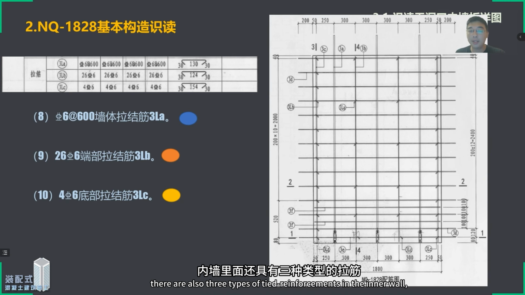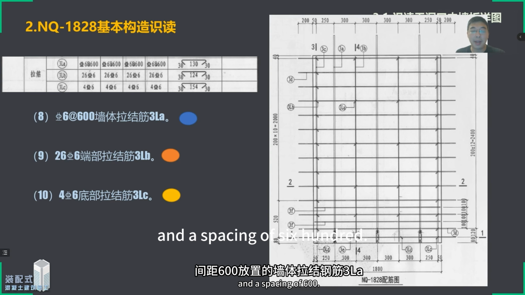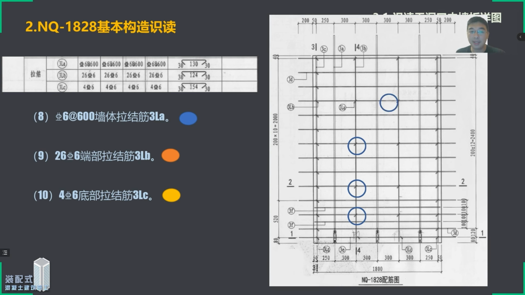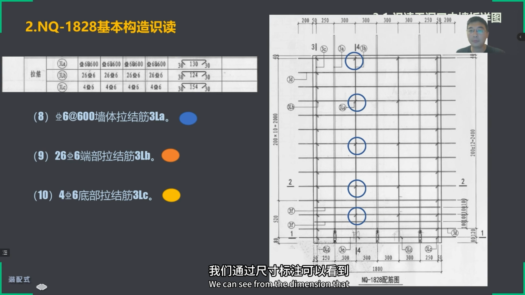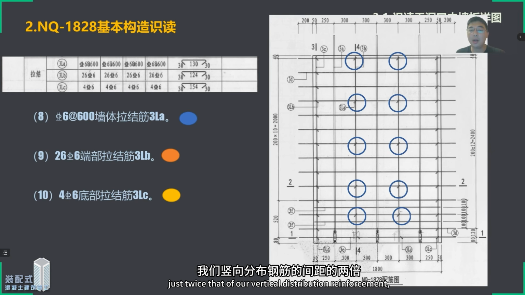there are also 3 types of tied reinforcements in the inner wall. These are watertight reinforcements, 3 lap placed at a spacing of 600. We can see from the dimension that the spacing of 3 lap is just twice that of our vertical distribution reinforcement.